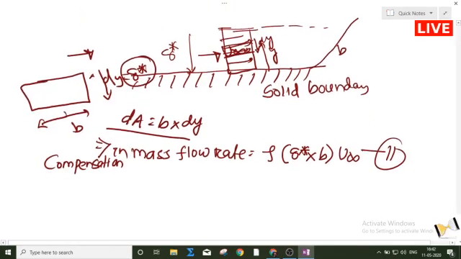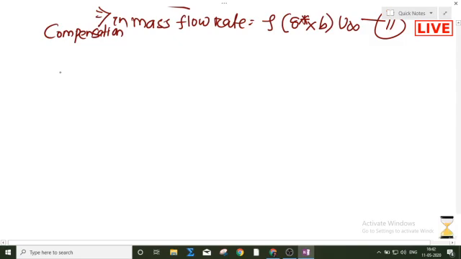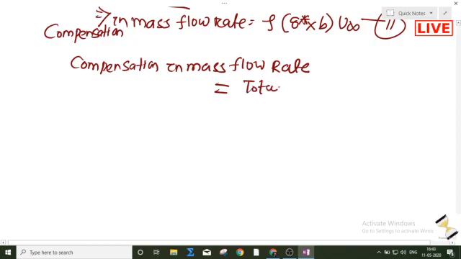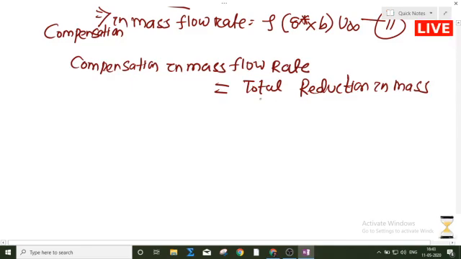Now if you equate equations 1 and 2, the compensation in mass flow rate must be equal to the total reduction in mass flow rate.